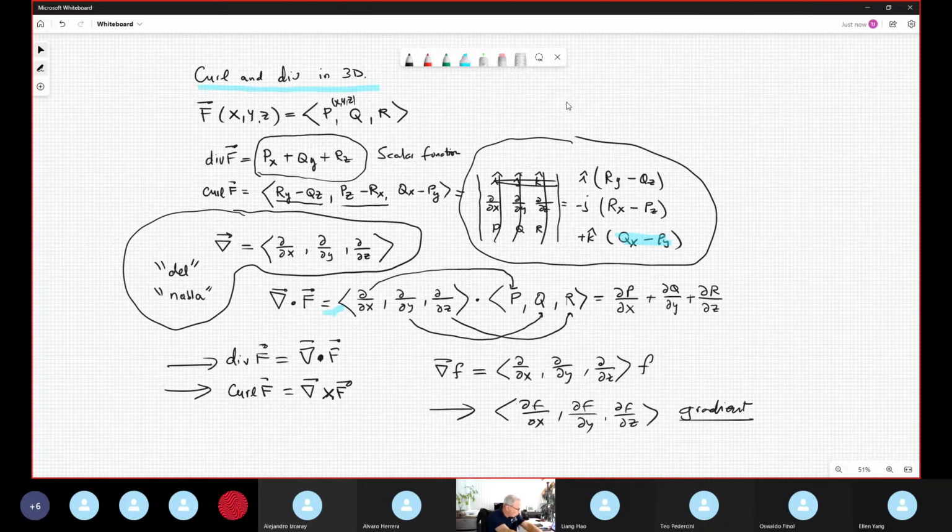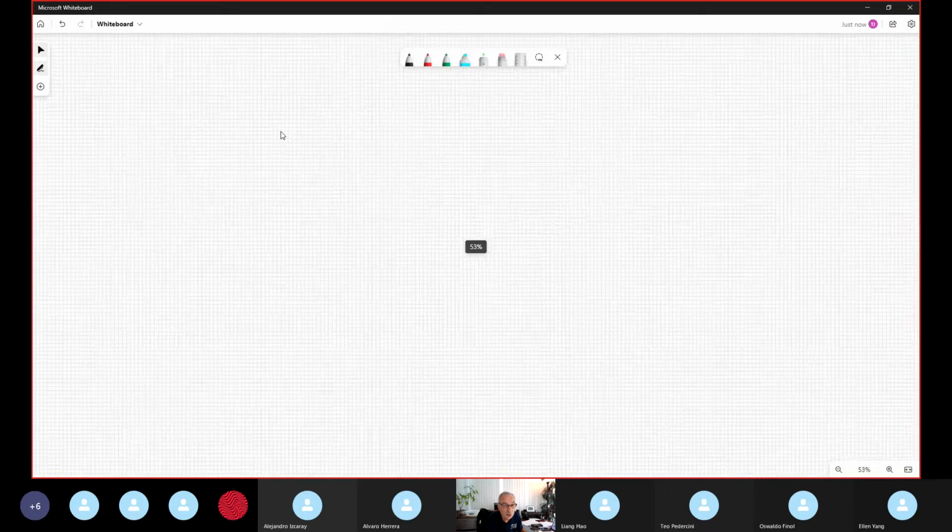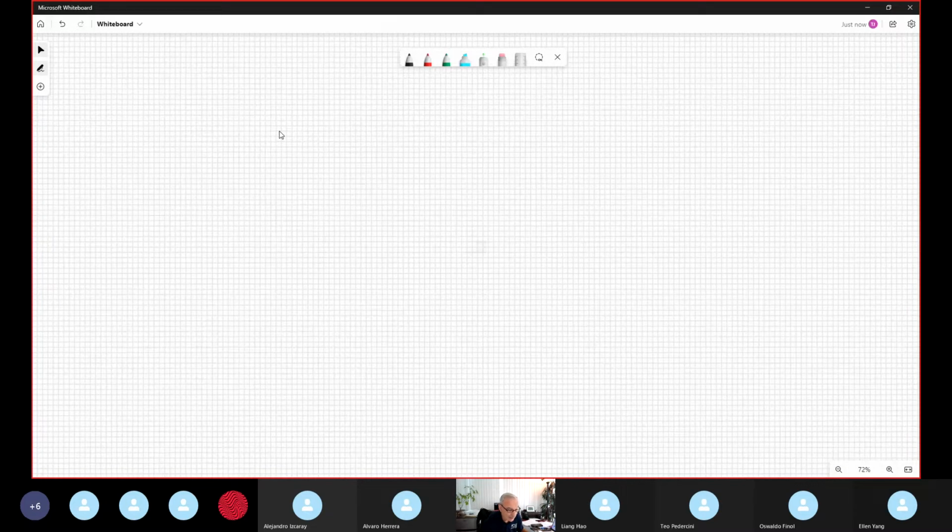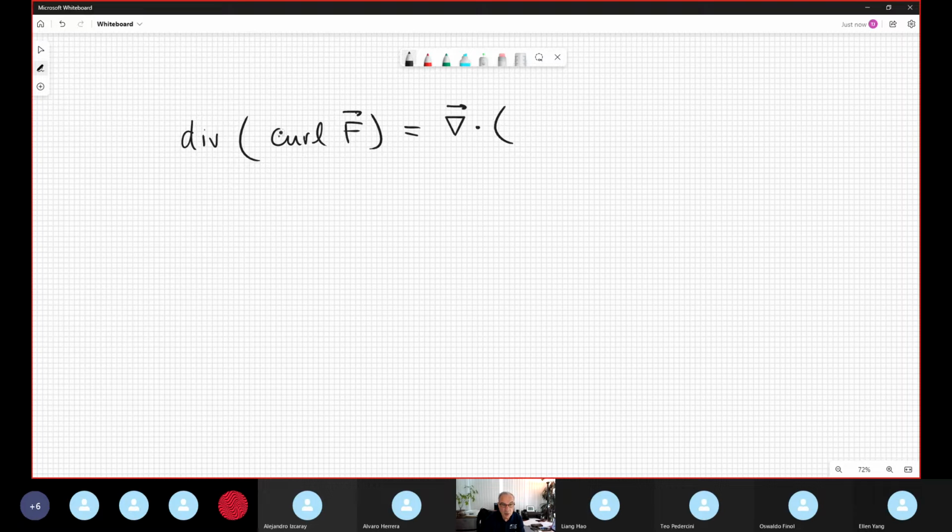Okay, let me now try to prove some identities. For example, I want to compute the divergence of the curl of a vector field. Using the new notation, this is del dot product del cross product F.